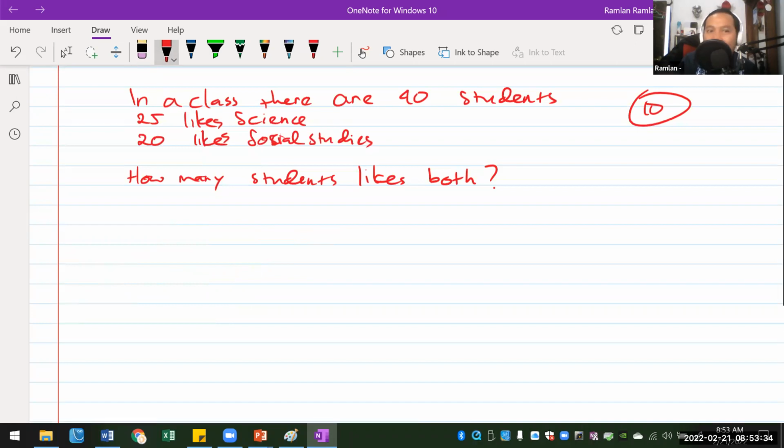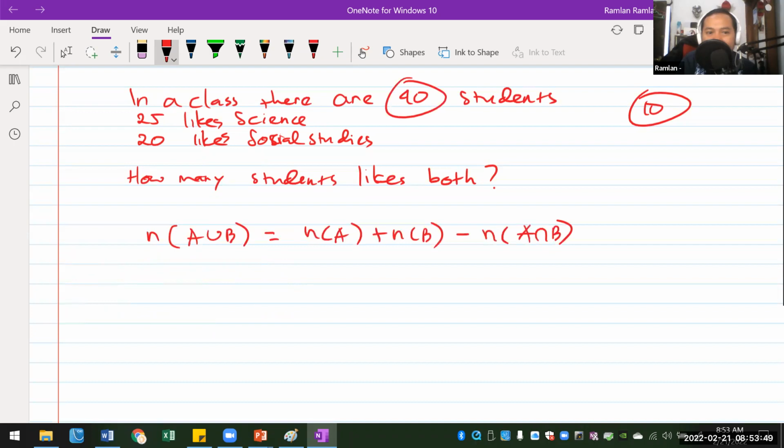So basically we have that formula that Valdi said before: n(A union B) equals n(A) plus n(B) minus n(A intersection B), right? So in here we have the union of all of them, so that will be 40. And A, let's say it's science, you get 25. And n(B), let's say it's social studies, you get 20.